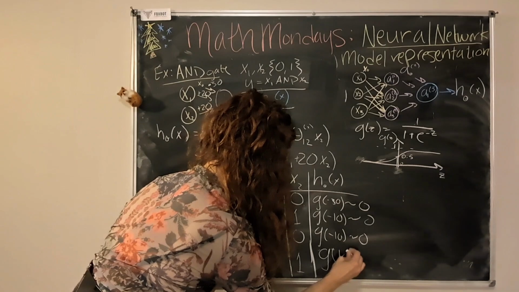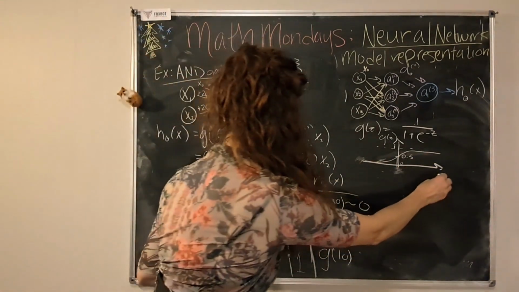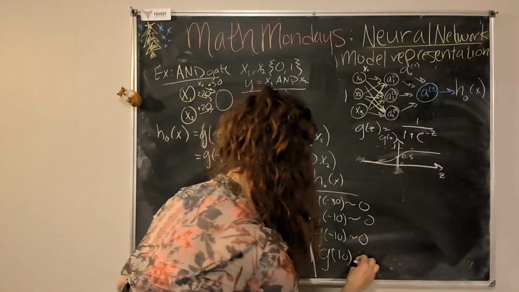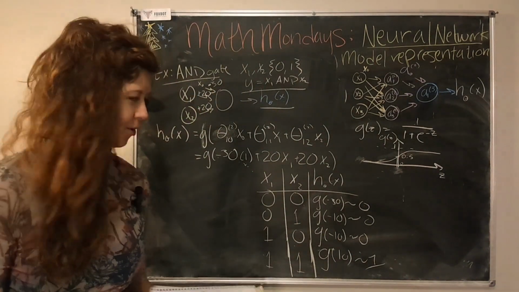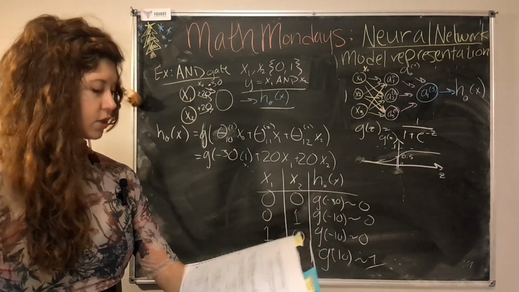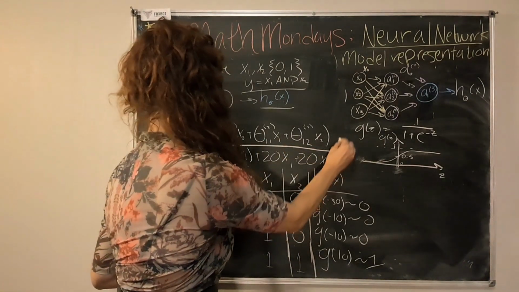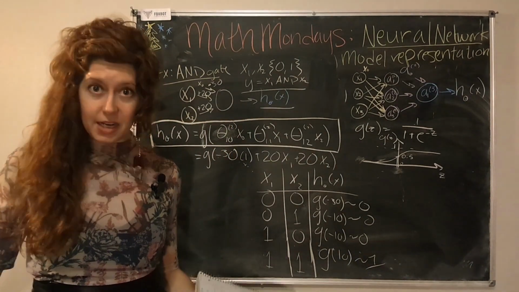And now we're going the other direction. If z is 10, we're far enough over that we can safely say the sigmoid function would be about 1. Boom! There we go. Now we can say QED, I think. So this hypothesis function represents the logical AND function.